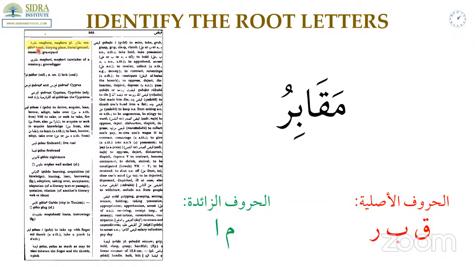So we have the word here, maqburatun, and you can also say maqbaratun. So the Hans Wehr dictionary actually transliterates the words. It gives you different options of pronunciation, different variations. And then notice here it says plural maqabir, and it's got the number 2.